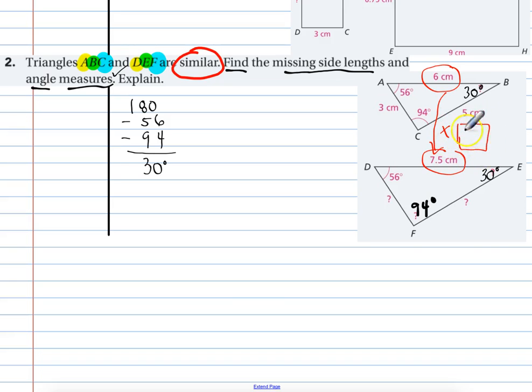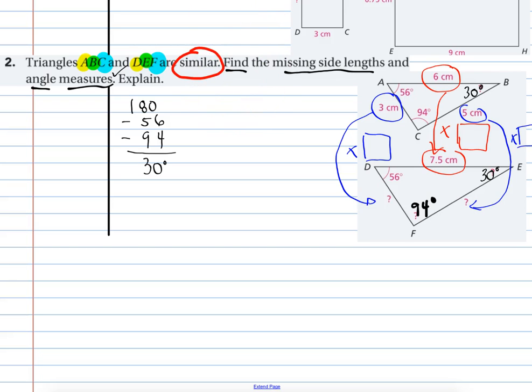Whatever number I use there, I'm going to use the same number to find this one, multiplying by that same number I used before, and 5 to this unknown, I'm going to multiply again by the same number.